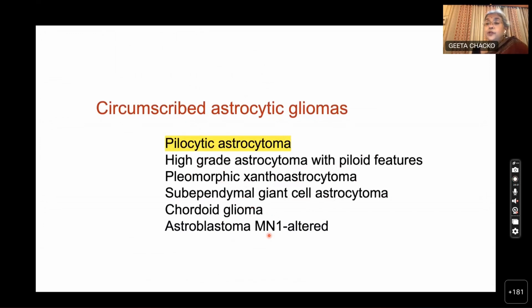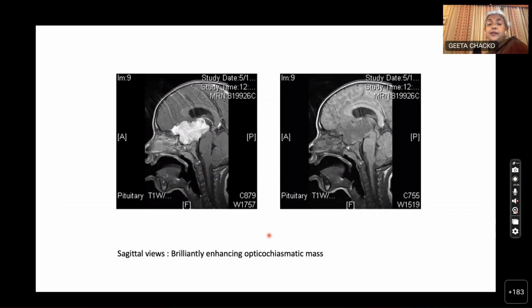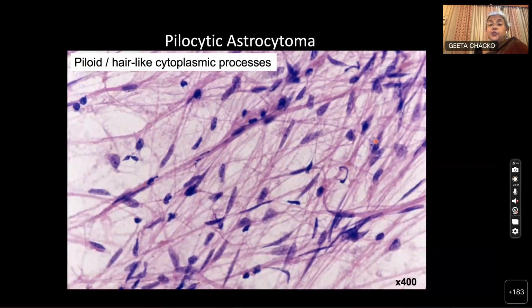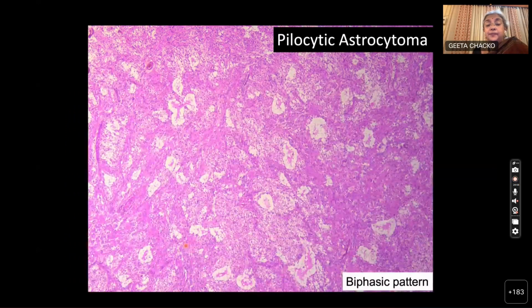We'll focus only on the pilocytic in the interest of time. Often they are cystic masses with a mural nodule, and in this particular case, it was a brilliantly enhancing opticochiasmatic mass. So you saw these piloid or hair-like processes on the smear. Sometimes you're lucky and you get to see Rosenthal fibers and eosinophilic granular bodies also on the smear.